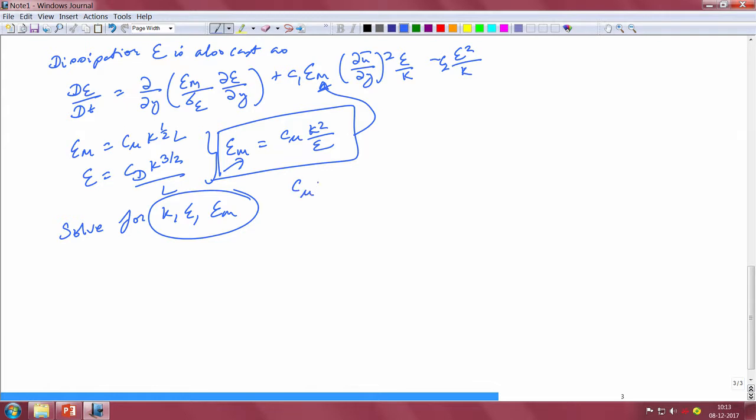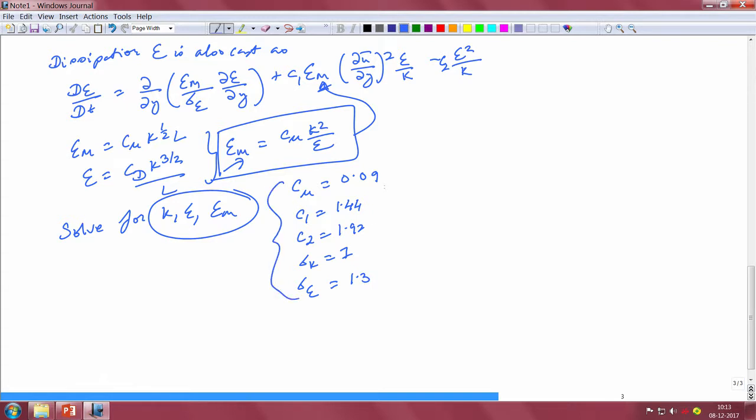Normally, if you look at any commercial software like Fluent and if you do the K-Epsilon modeling, you will find that C mu will be given something like 0.09, C1 will be 1.44, C2 will be 1.92, sigma k will be equal to 1 and sigma epsilon will be equal to 1.3.